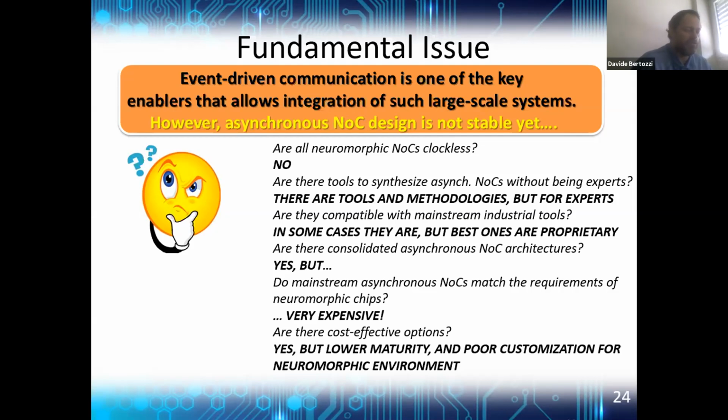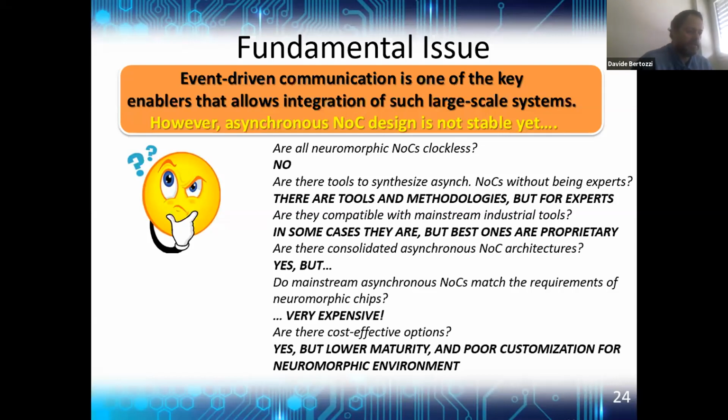And that's an issue for the CAD tools, because it's not straightforward to support these asynchronous timing constraints with mainstream industrial clocked CAD tools.